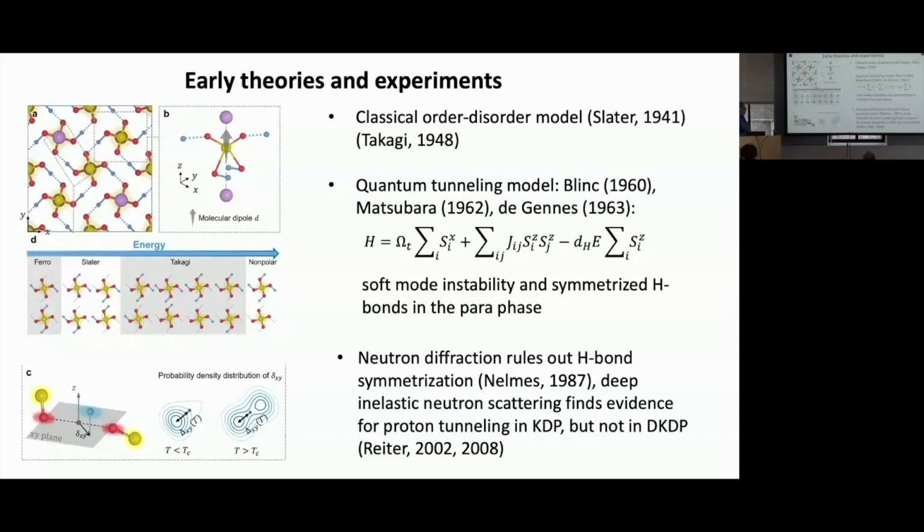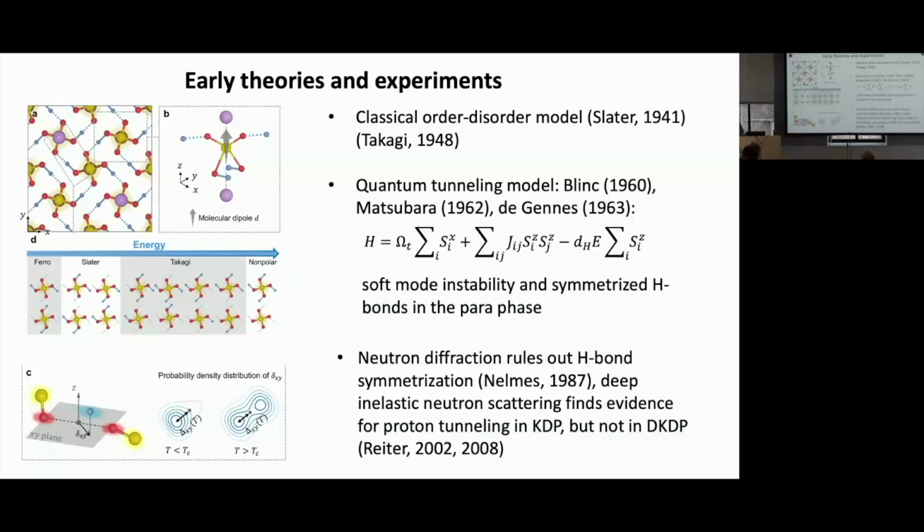According to this model, there is a soft mode instability and a symmetrized hydrogen bond in the paraphase. Now, neutron diffraction ruled out hydrogen bond symmetrization, and deep inelastic neutron scattering found evidence for proton tunneling in KDP, but not in DKDP.